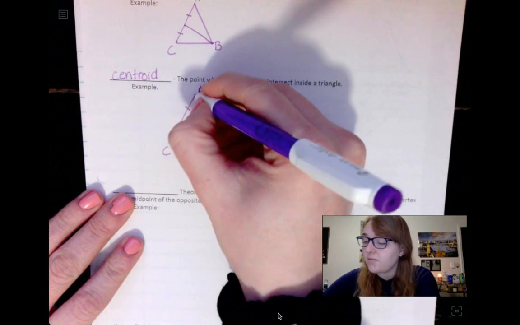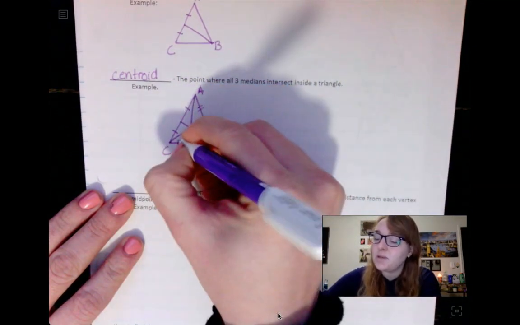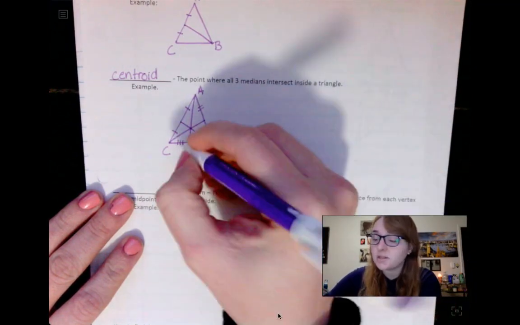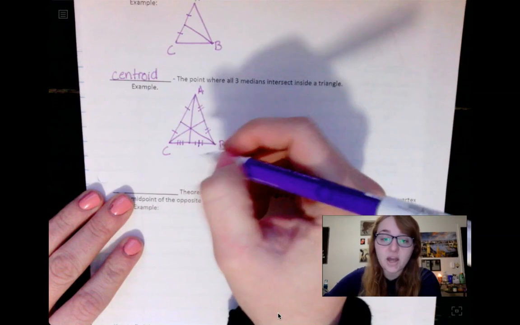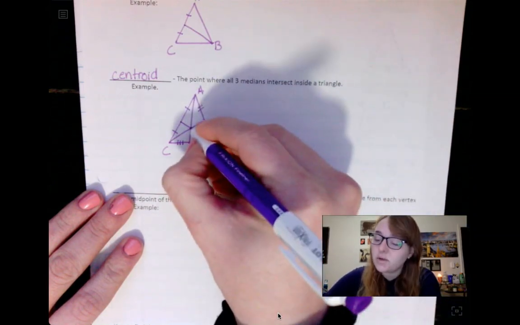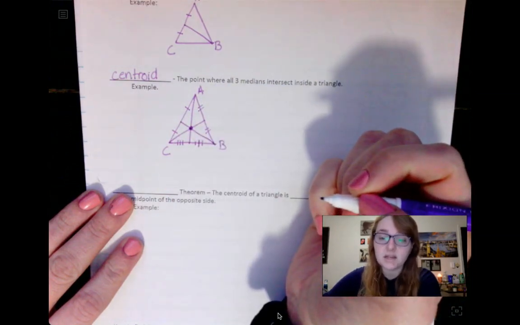And finally, we're going to have one come out of vertex A and then cut CB into two congruent pieces. And these are going to get three tick marks, again, because they are congruent to each other, but not congruent to the rest. Now the centroid is going to be this point right in the middle where all three medians touch.